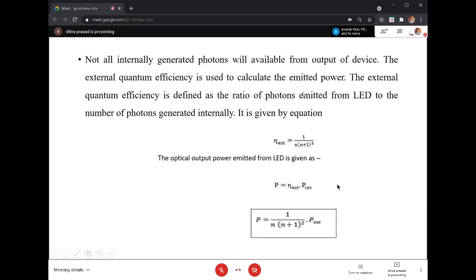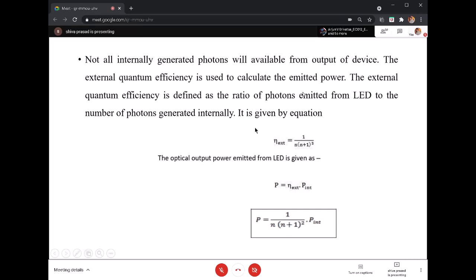As you all know, all the internally generated photons will not be available at the output of the device. That means not all the photons generated will come out of the active region and get fed into the fiber. A few might not have sufficient energy to come out of the active region.